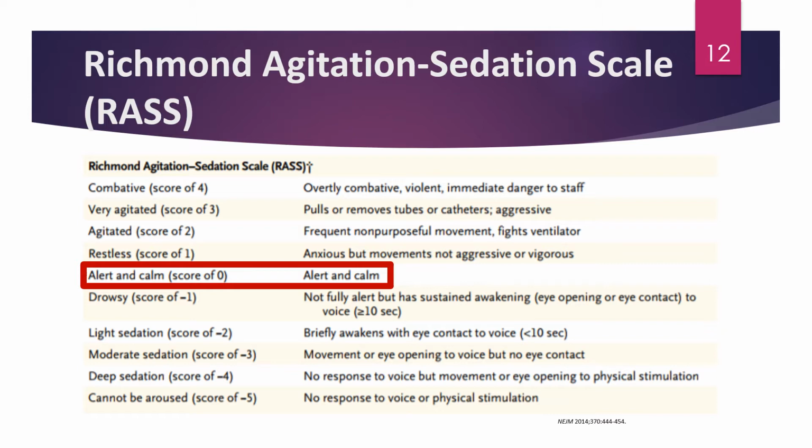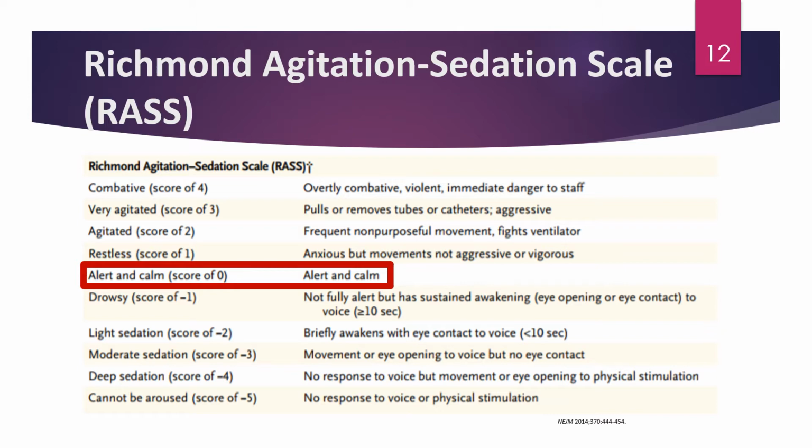It's acceptable to be a little restless, but they don't want it to get to the point where the patient's actually agitated. And then for our deeper levels of sedation, we have -3, -4, and -5: moderate, deep, and cannot be aroused.